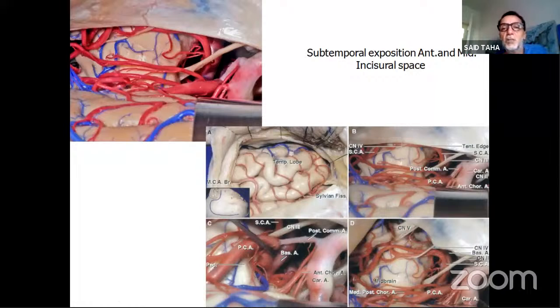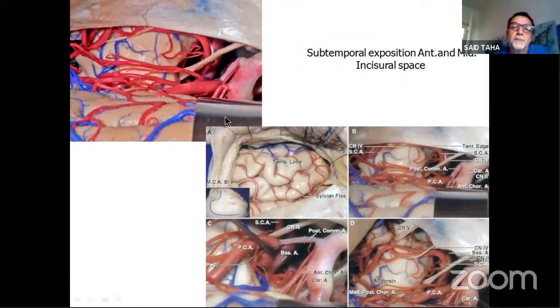This is a subtemporal exposition of the anterior and middle incisural space. It's the subtemporal approach, used when we need to operate on a lesion in the middle incisural space.